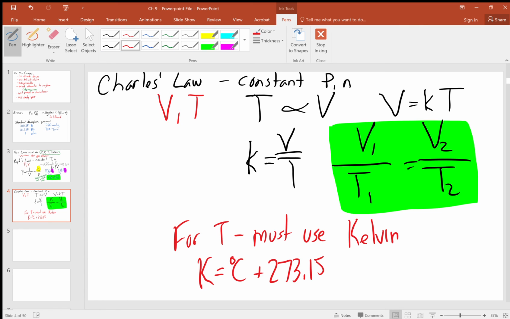With Celsius, though, of course, you can have negative temperatures. And so you can easily imagine a situation where if you plugged a negative value in here for T1, then that would give you a negative volume. And the idea of a negative volume isn't something that really makes a whole lot of sense. So when it comes to temperature, in any of these gas law equations, it's going to be the same thing for the next law, as well as all the rest that we use and learn. We have to be in Kelvin.